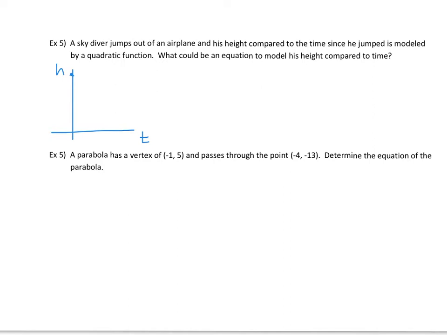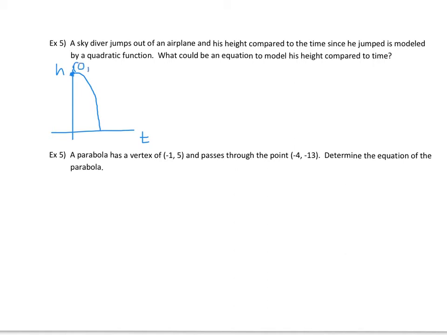And if you know a little bit about physics or some science stuff, you know that as you head towards the Earth, you start to speed up. You gain momentum. So that is what my parabola would look like. This spot right here will probably be where the vertex of my parabola is. Okay, so right on the h-axis. So my maximum should happen probably when time is 0.